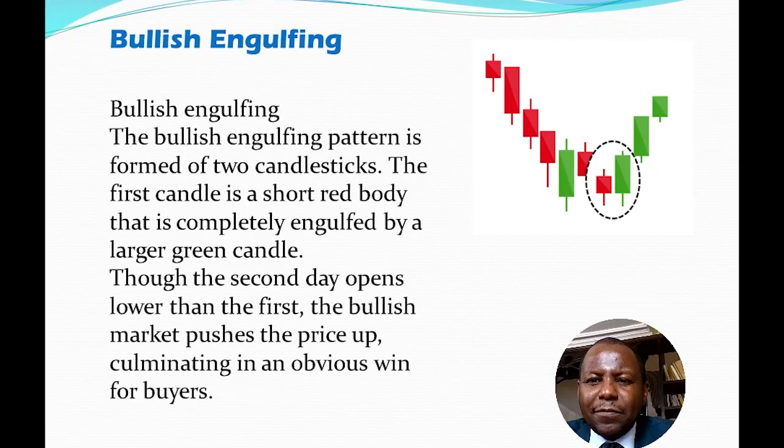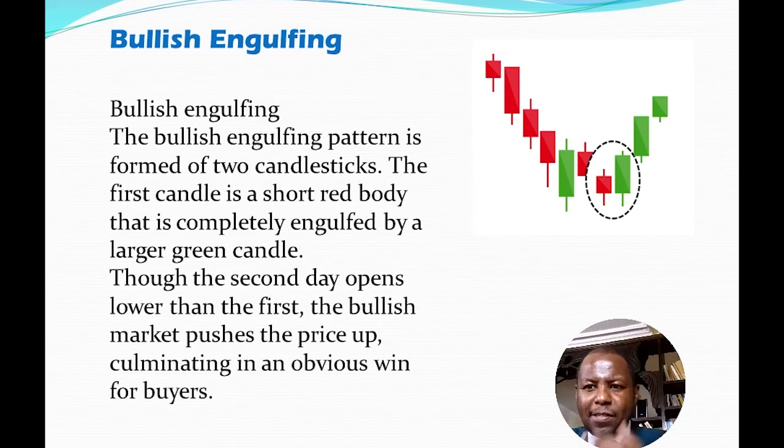I want to carry on and talk about the bullish engulfing. Even before you go ahead to understand the bullish engulfing, we were talking about the spinning top, which is a single candle. We talked about the marubozu, which is a single candle with no wick below or on top. But now we're moving into bullish engulfing, which involves two candles.